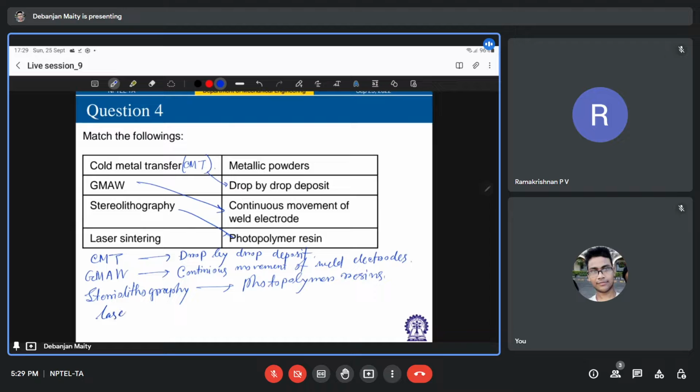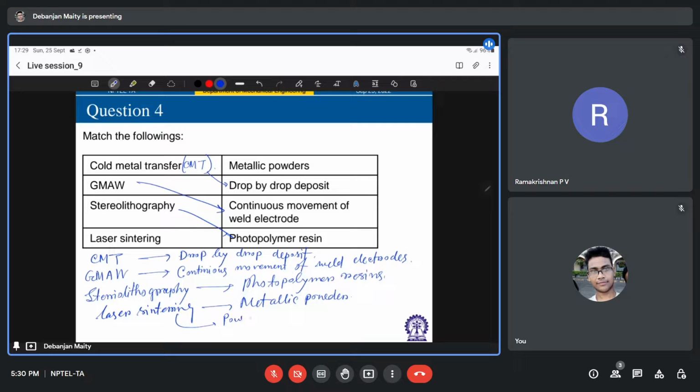So, for laser sintering, we sinter mainly the metallic powders, and you need to have some powder bed system for all kind of sintering.